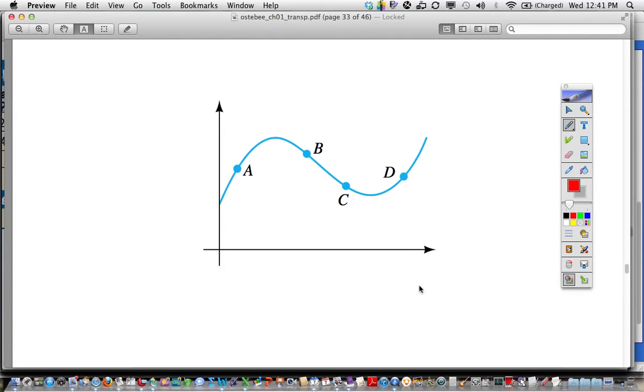All right. Now, between which pair of labeled points does f prime have its minimum value? I've heard C and D, I've heard B and C, and I've heard back here. So we're all over the map here. Where does f prime have its minimum value?